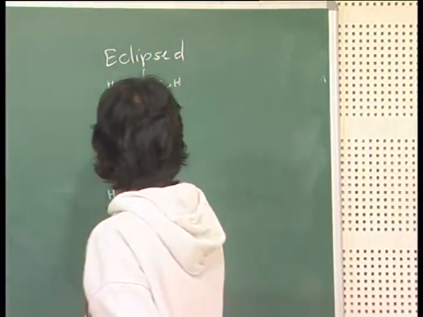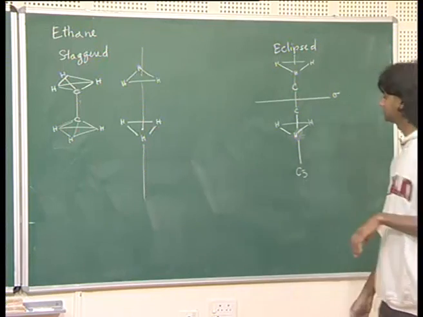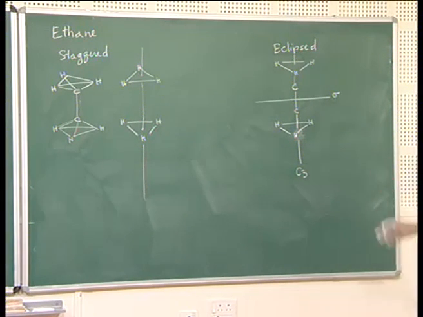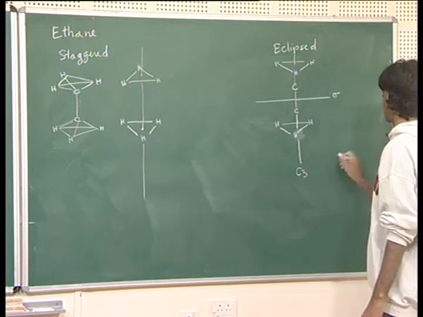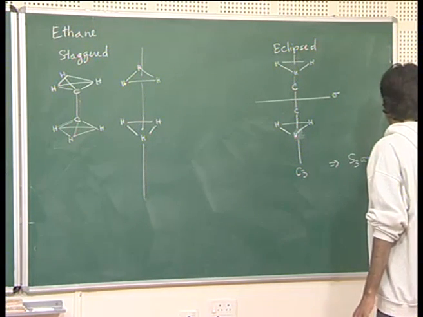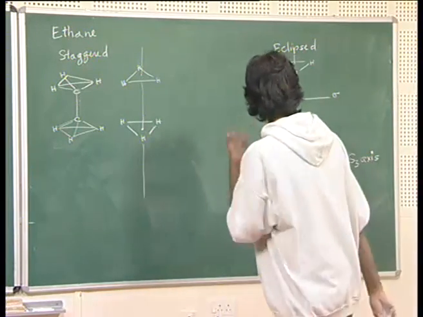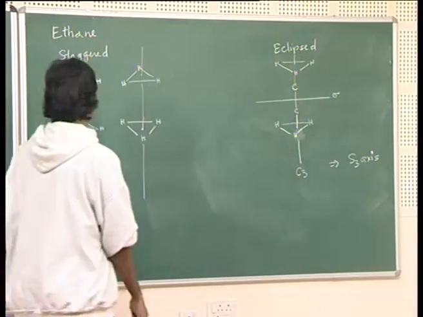And also this is a sigma. So, this is a sigma and this is a C3. Therefore, this implies you have an S3 axis. Okay. So, in the case of eclipsed, you have the S3 axis.